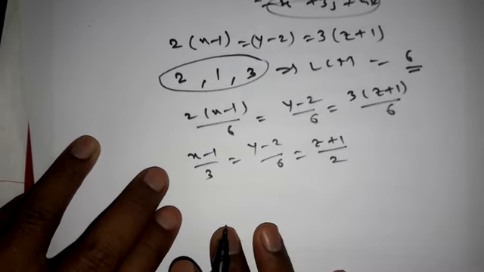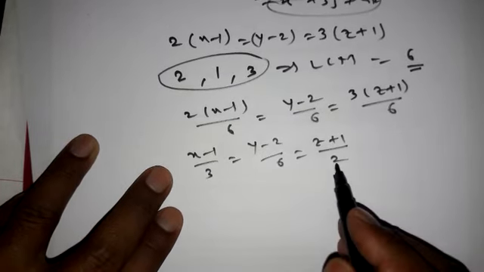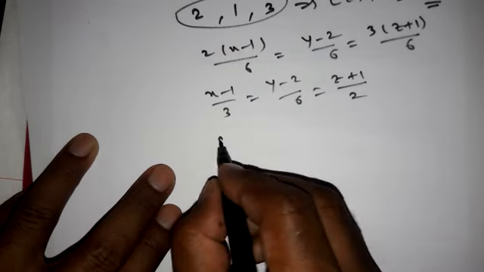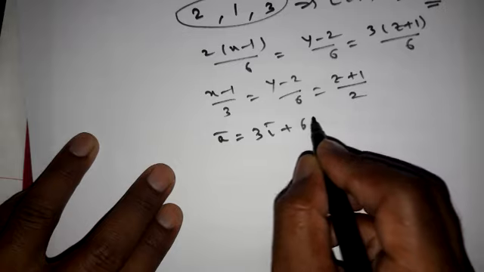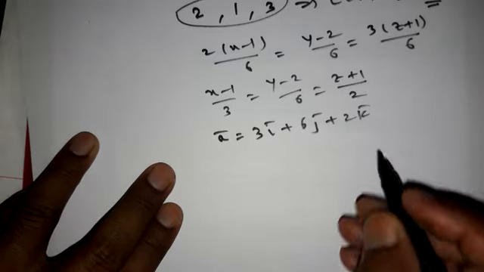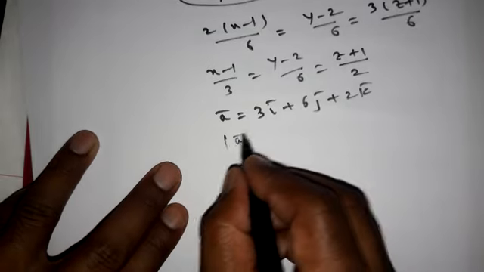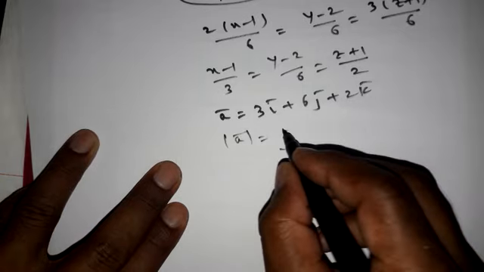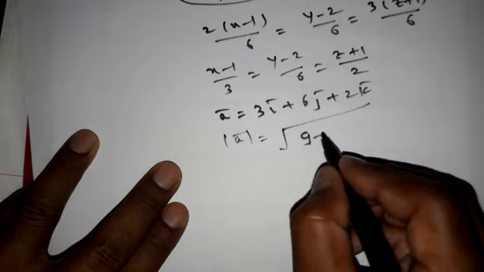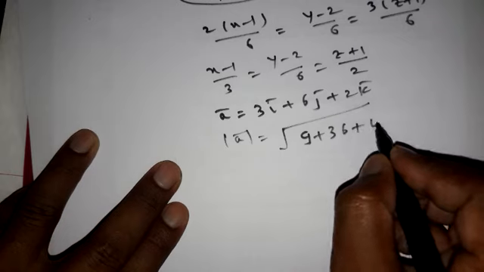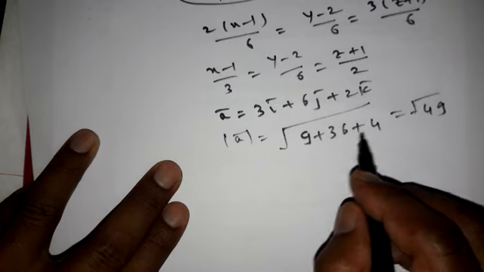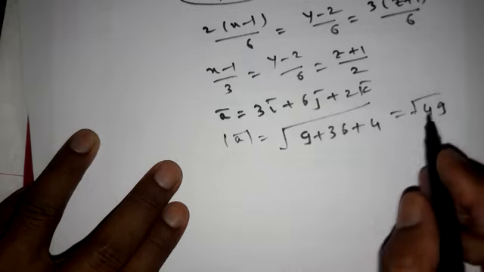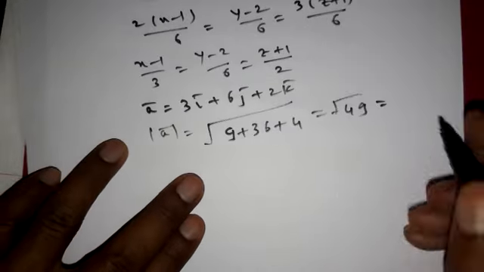So I get 3 numbers at the denominator, 3, 6, 2, and I have to write ijk to this. So a bar is equal to 3i bar plus 6j bar plus 2k bar. Now mod of a bar is equal to under root of 9 plus 36 plus 4. So it is root 49. 36 plus 4 is 40, 40 plus 9 is 49. So our answer is 7.